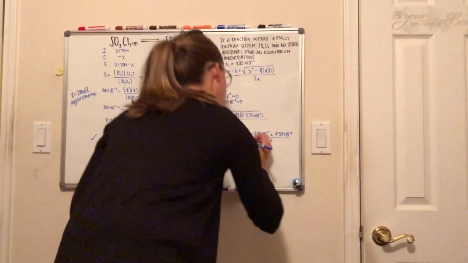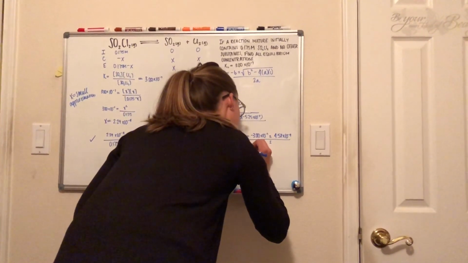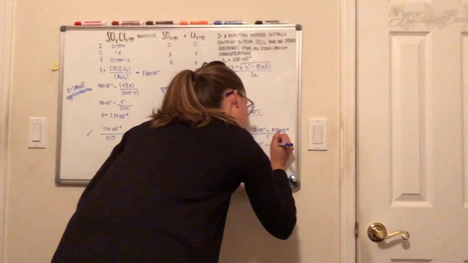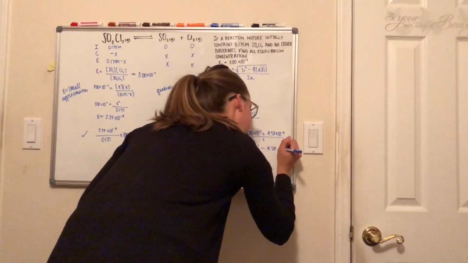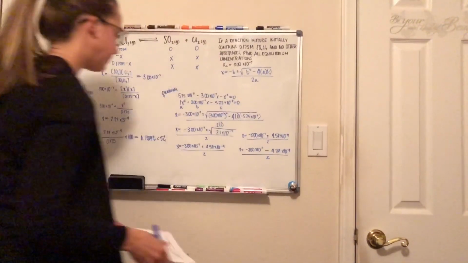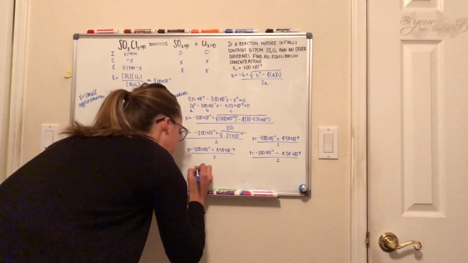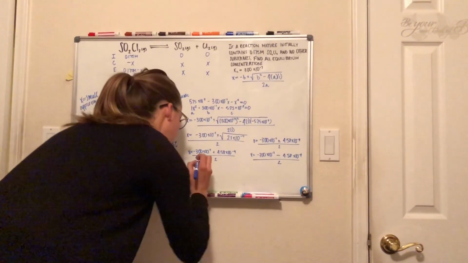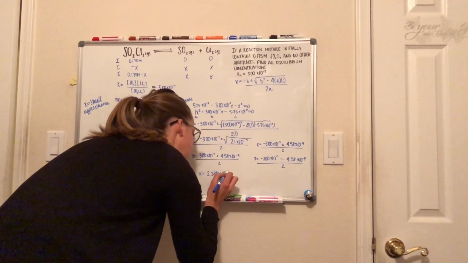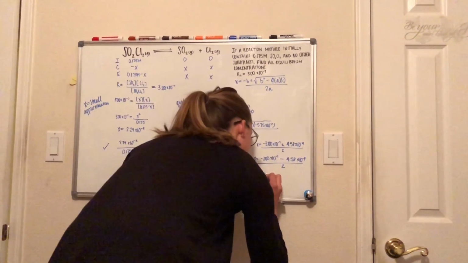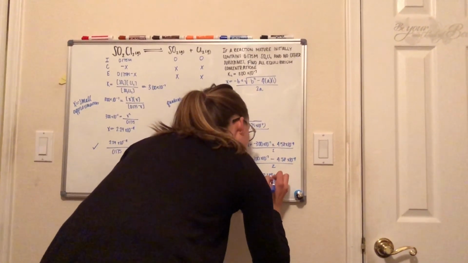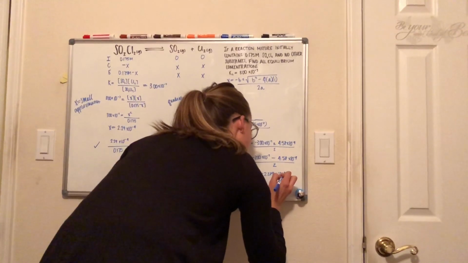This is the exact same thing except with a minus instead. Minus by 2. Okay, so for this situation, x equals 2.289 times 10 to the negative 4. And in this situation, x equals negative 2.289 times 10 to the negative 4.